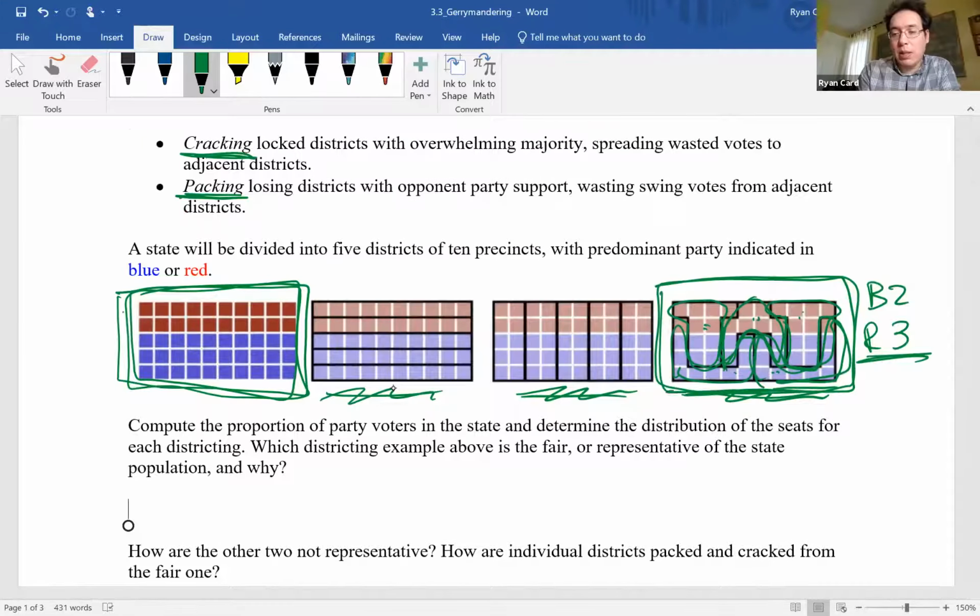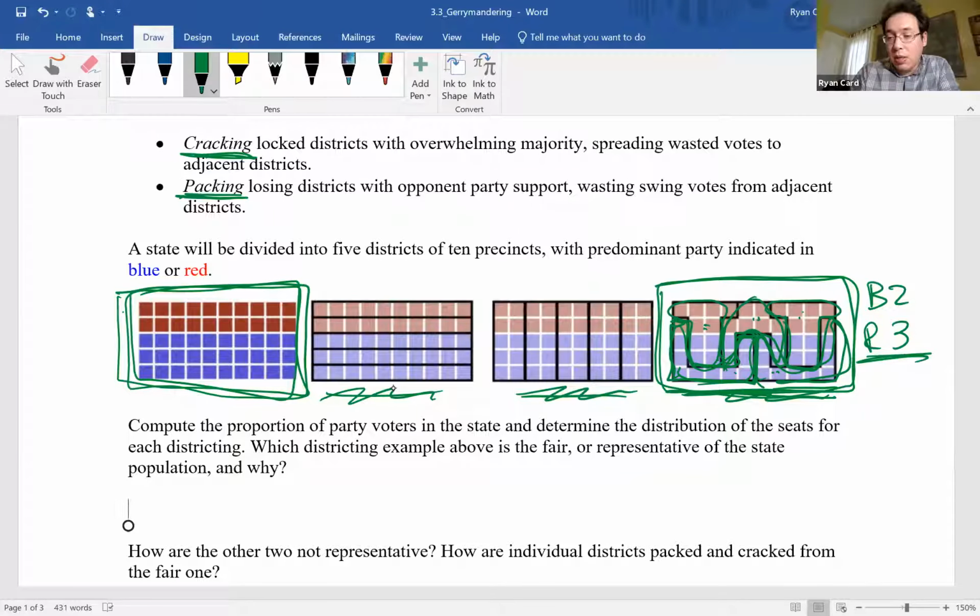Let me look at the one that we've already looked at. So let's look at the blue packed district on the bottom left. Blue party won.